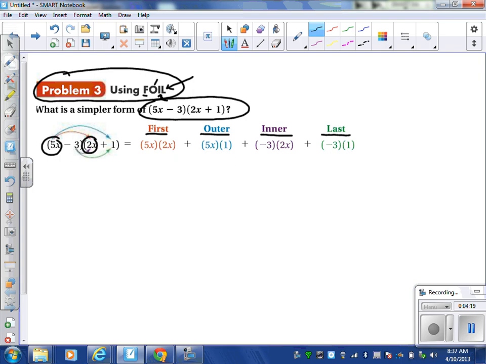So we're going to multiply those two together and get 5x times 2x. Now we're going to take a look at the outer number. We have 5x on the outer side, and we have 1 on the outside, so that would be the outer. So it's 5x times 1.